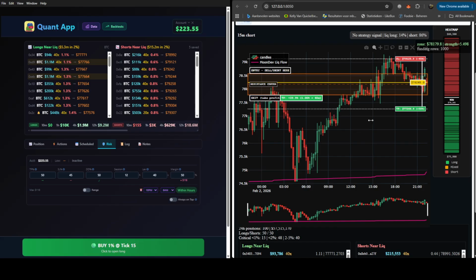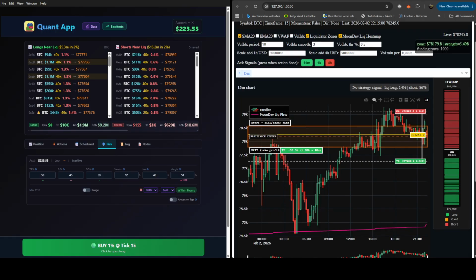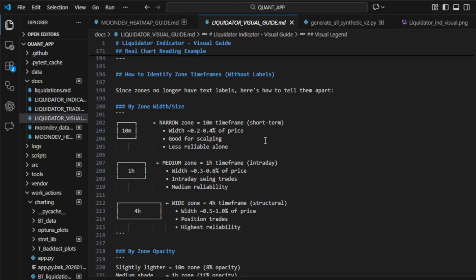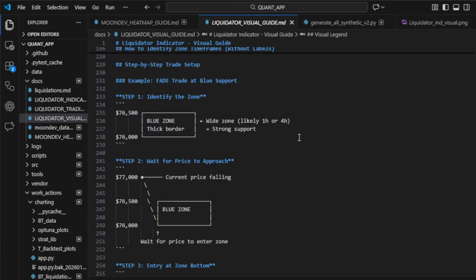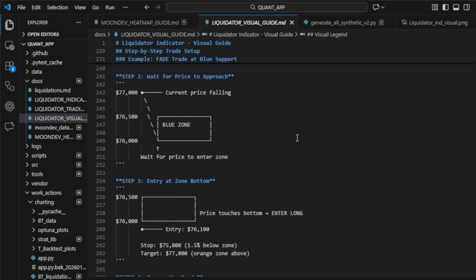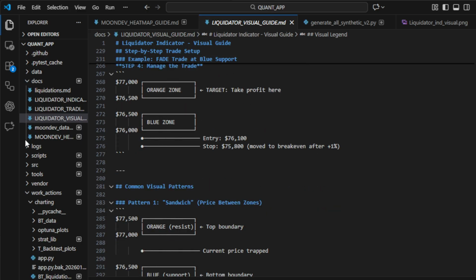Now put it back. Yeah, okay. I like it bigger. So let's go back to the indicator file. Zone opacity, so it's all a bit technical as well, because I really try to explain a new indicator, something that maybe nobody has ever seen or thought of, except Moon, because he made the liquidation app, which is very impressive.